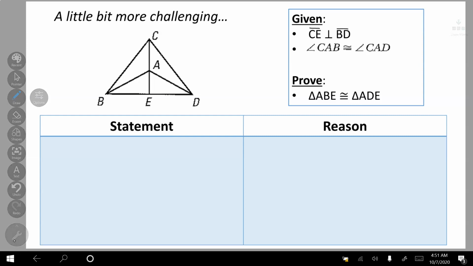This one's going to be a little bit more complicated. So I know that CE is perpendicular to BD. So I have this right here, a perpendicular situation. And angle CAB is congruent to angle CAD. So this angle here is congruent to this angle here. Okay, so I'm just going to start with my givens.